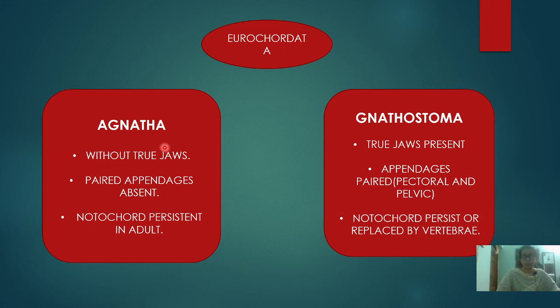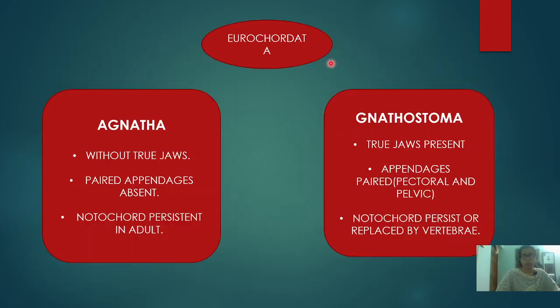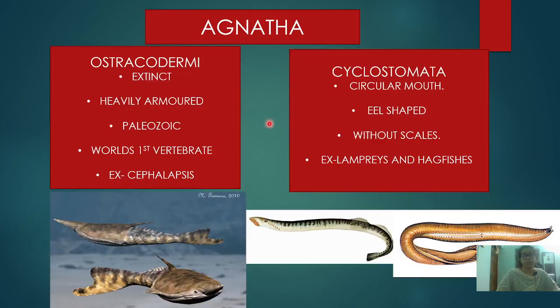Moving to the Agnatha, Agnatha is again divided into two categories, the ostracodermi and cyclostomata. You have learned what Agnatha are and what their characteristics are. Now we will be discussing the classification of Agnatha.